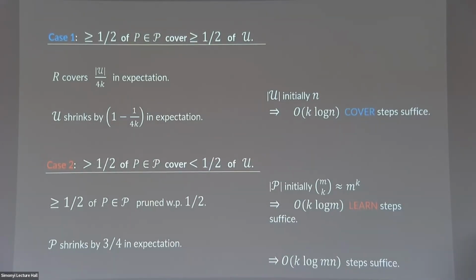What I could do is wait until an element comes which is uncovered by my real solution, but covered by one of these sets that I picked only in my mind. So it's helping in the sense that it's covering a lot of elements in the future. In the future, there are going to be elements that were covered by these future-looking sets.